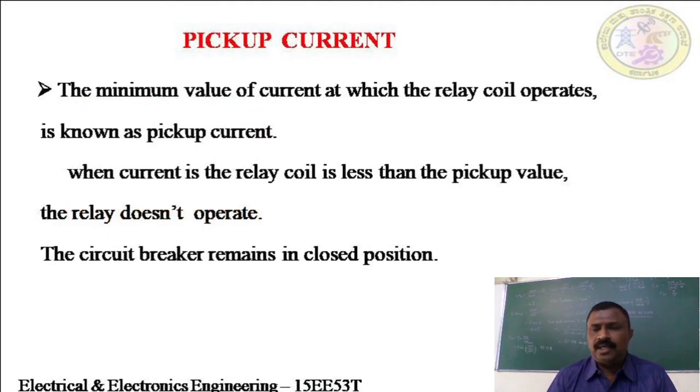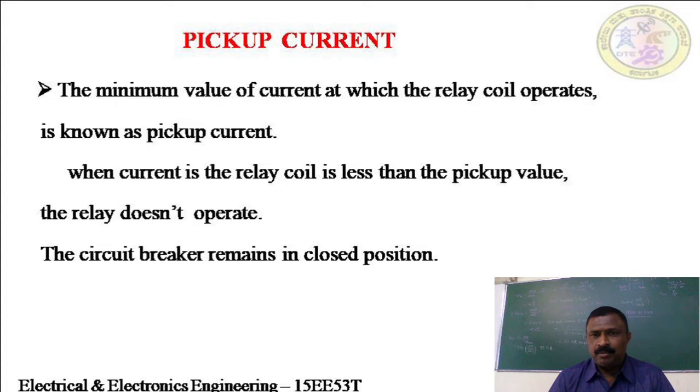So first we will see what is pickup current. The pickup current is the minimum value of current at which the relay coil starts to operate. For that we call it a pickup current. When the current in the relay coil is less than the pickup value, the relay does not operate.